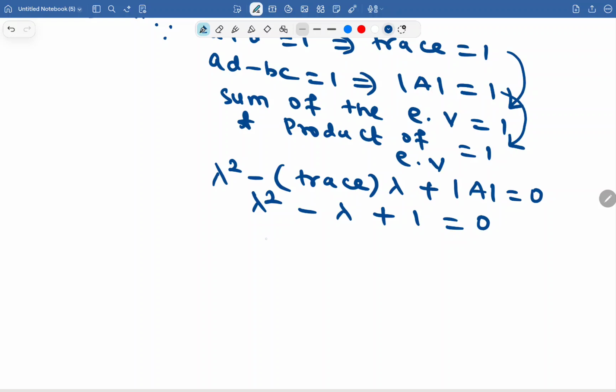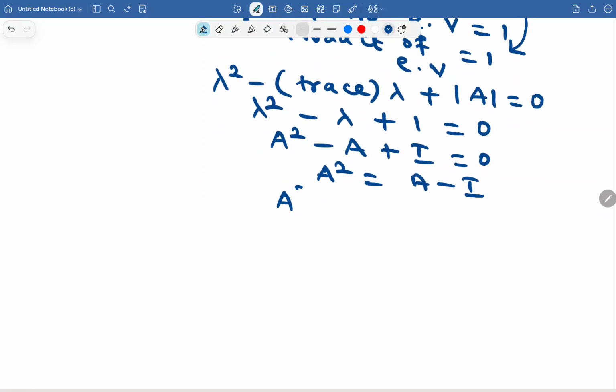Every square matrix satisfies its own characteristic equation. By Cayley-Hamilton theorem, we can write it as A square minus A plus I equal to 0, A square equal to A minus I.